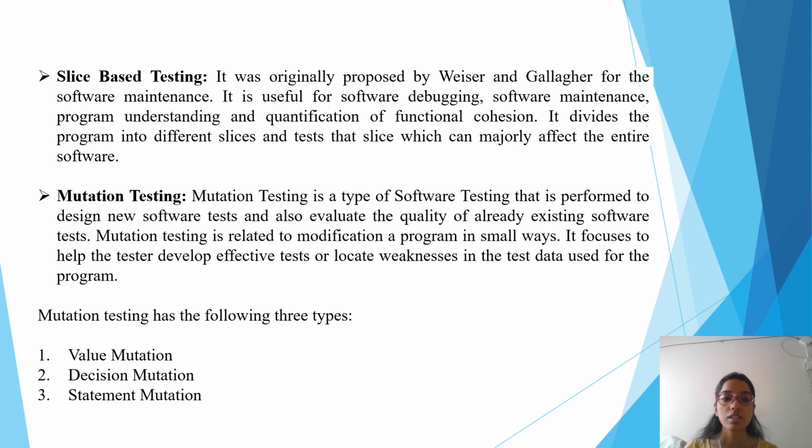It helps the tester develop effective tests or locate weaknesses in the test data used for the program. Mutation testing has the following three types. They are value mutation, decision mutation, and statement mutation.